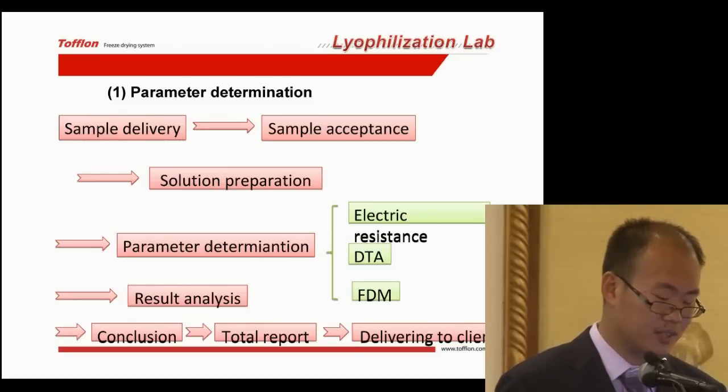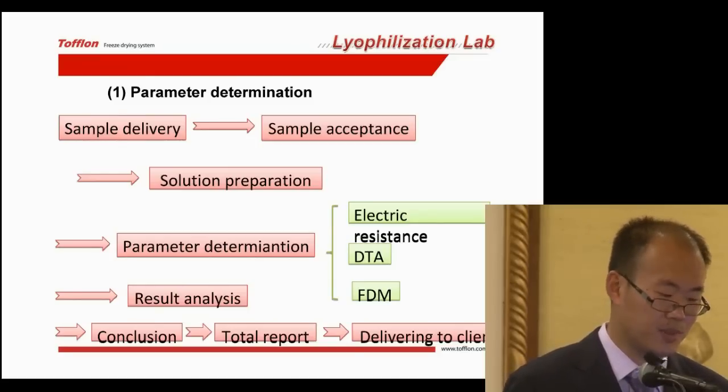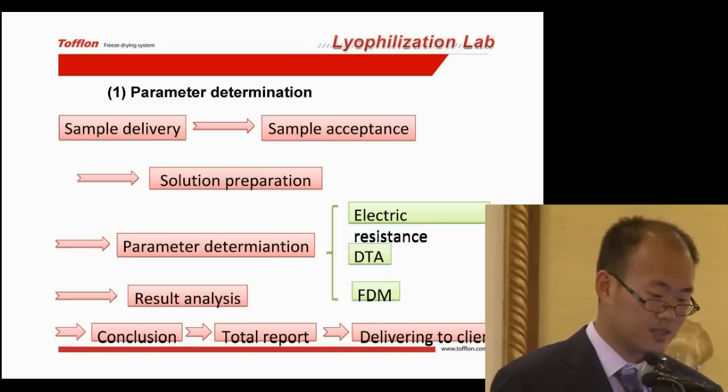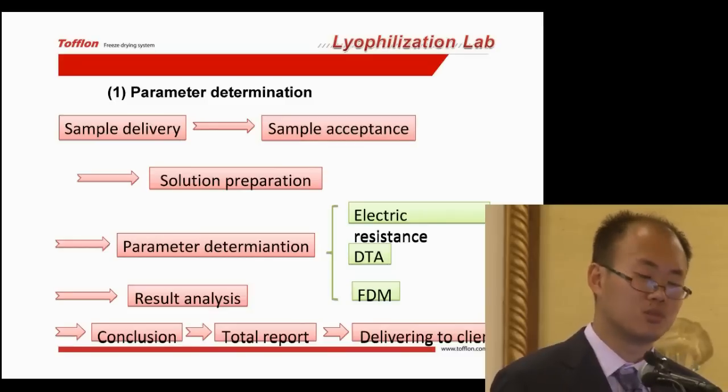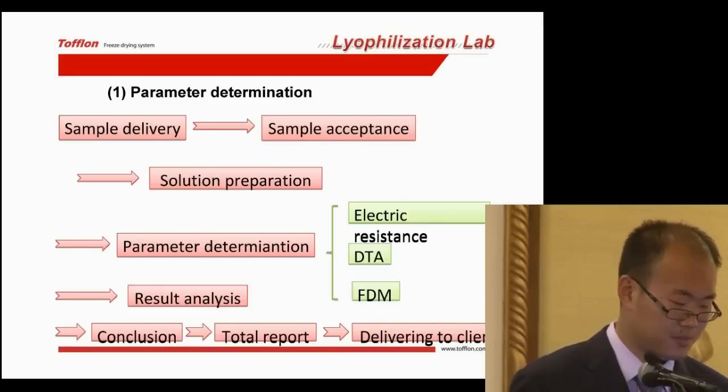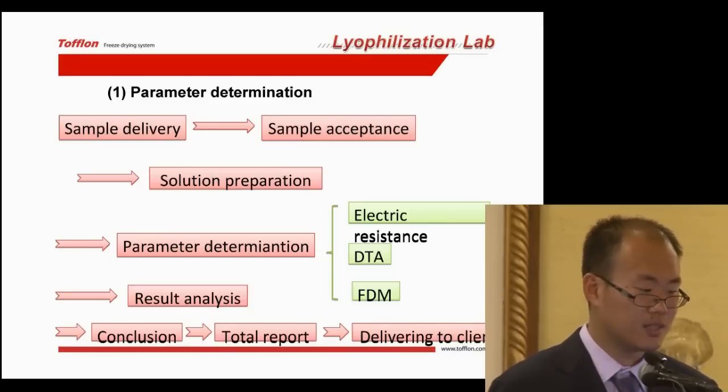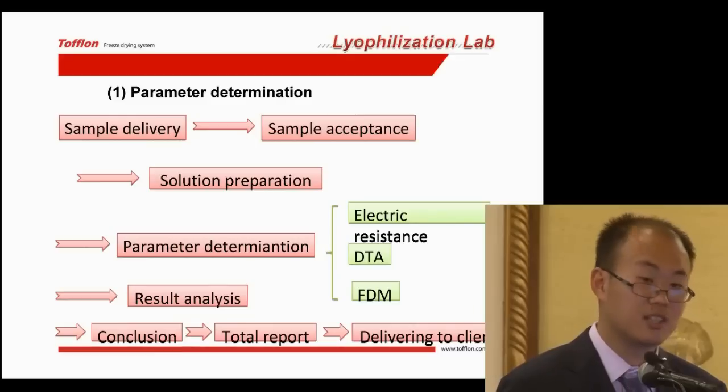And usually we determine the temperature by DTA and FDM. FDM is used to determine the collapse temperature. Now this is the parameter determination, and finally we will give you a report.